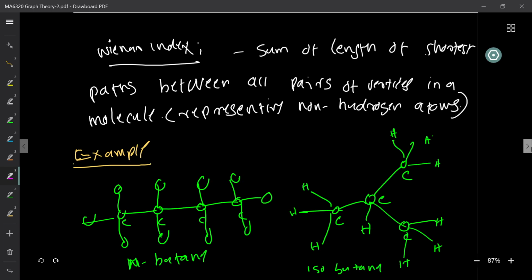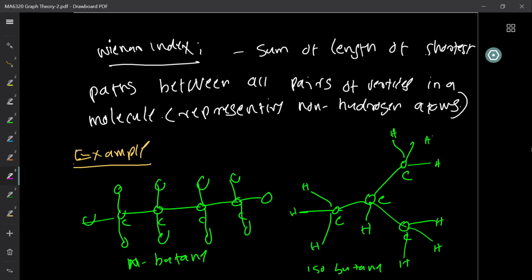But then one interesting question that comes from chemistry is the Wiener index. It's a graph parameter where you look at the sum of the lengths of the shortest paths between all pairs of vertices, represented in an organic molecule, which represents the non-hydrogen atoms.